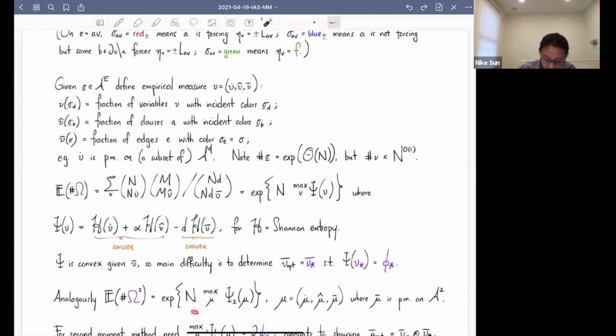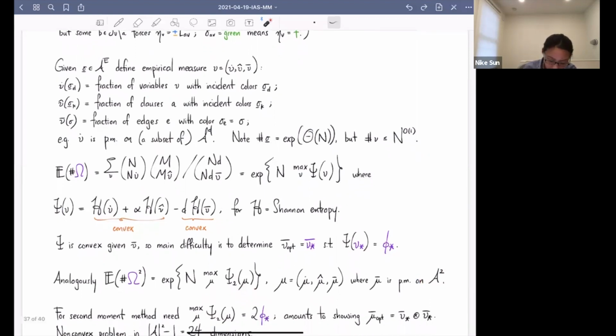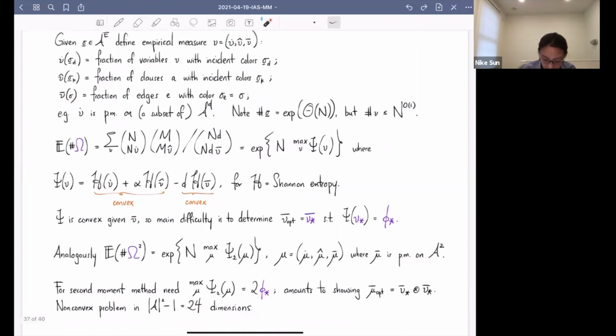Analogously, there's a similar expression in the second moment, except that now the spins live in A squared rather than A. So for the second moment method to work, you need to show that the second moment is comparable to the first moment squared, which means that you need to optimize this function.